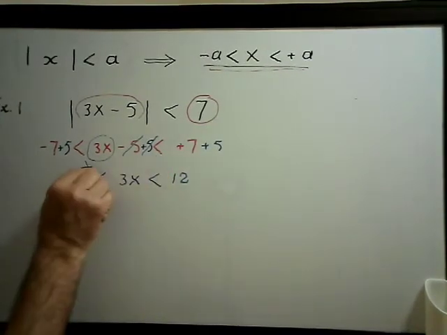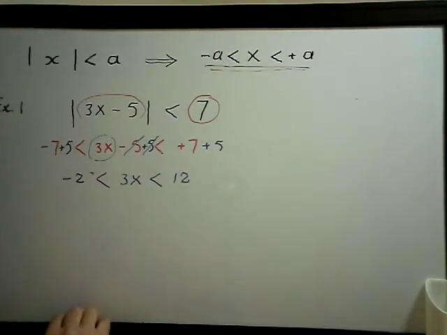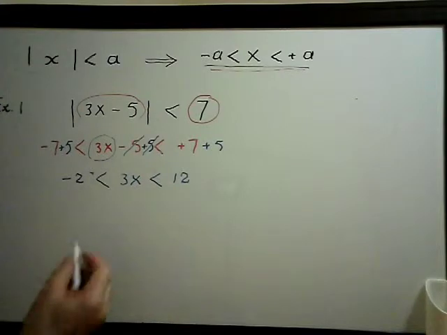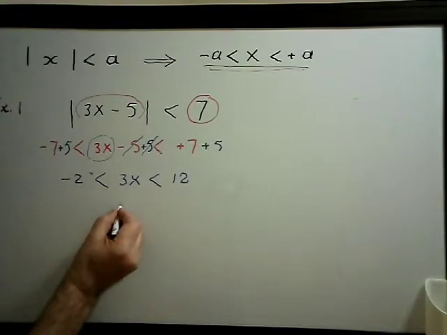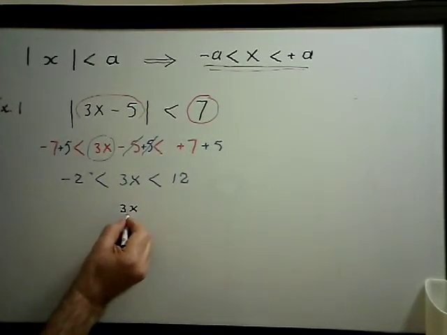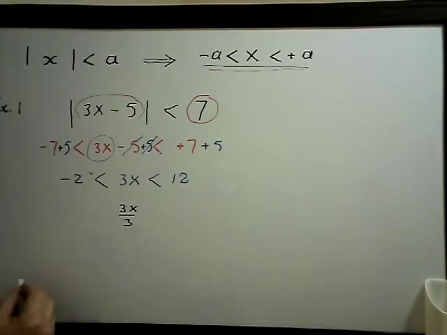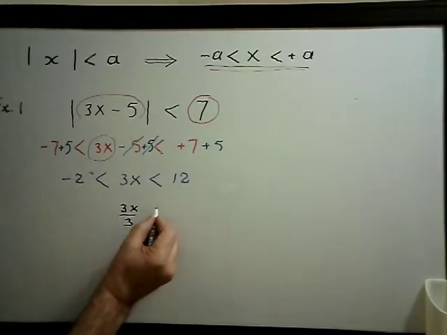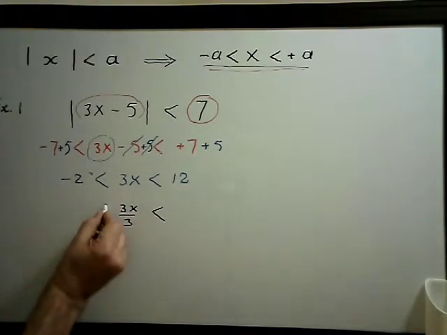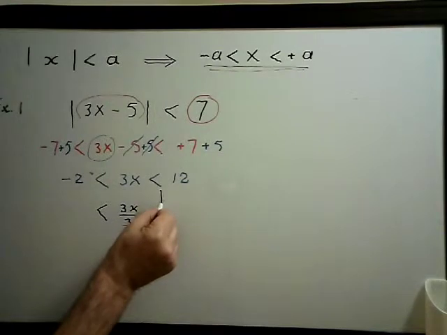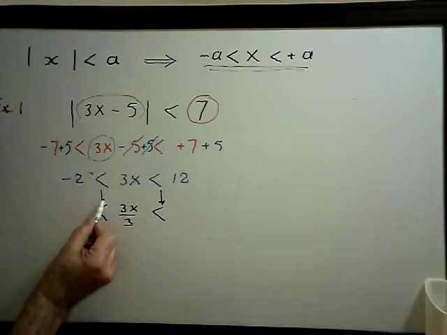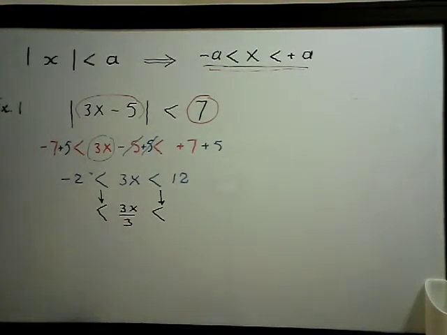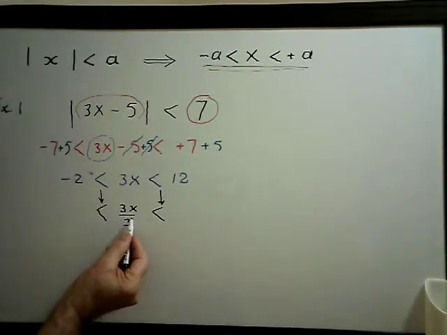Now what we will do is get rid of number 3, which is the coefficient of x. This will be done by dividing by 3. 3 is positive, that's why the inequality sign stays the same. Here you see it's less than, still less than, and this one is still the same, because this is a positive number.